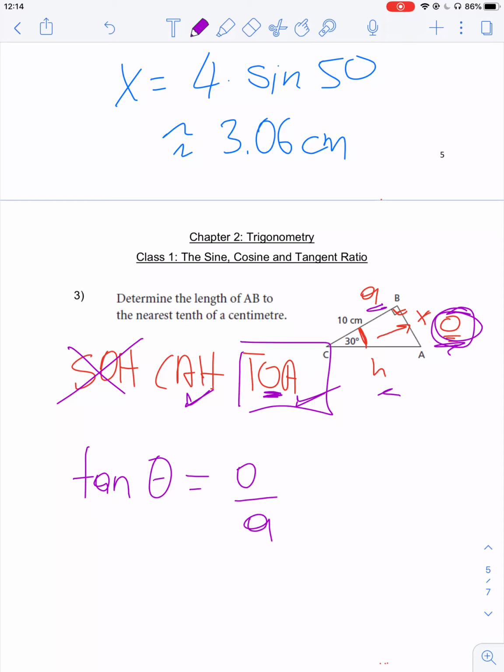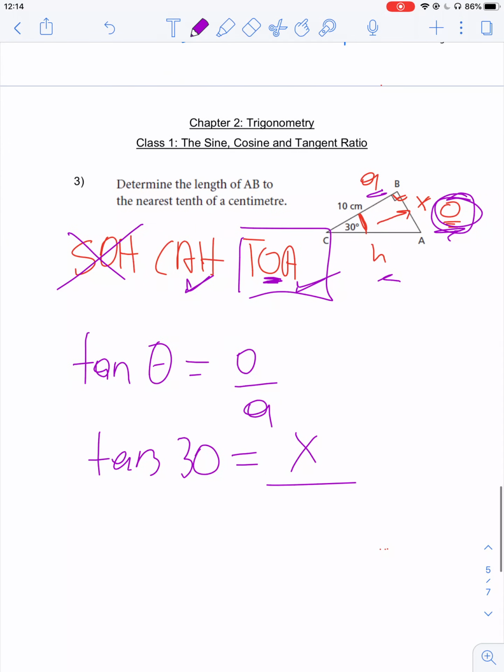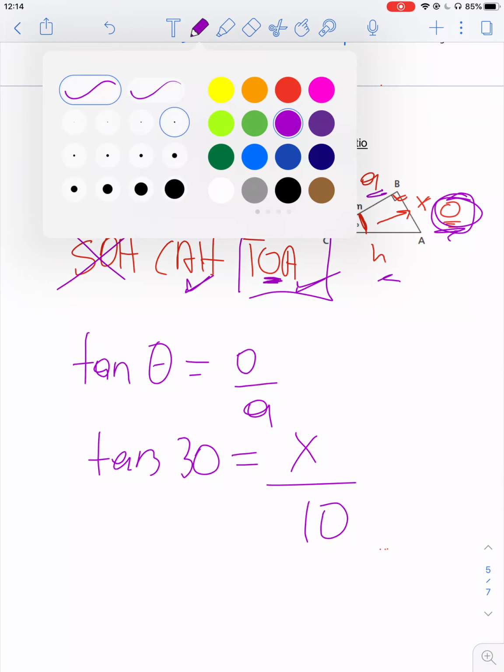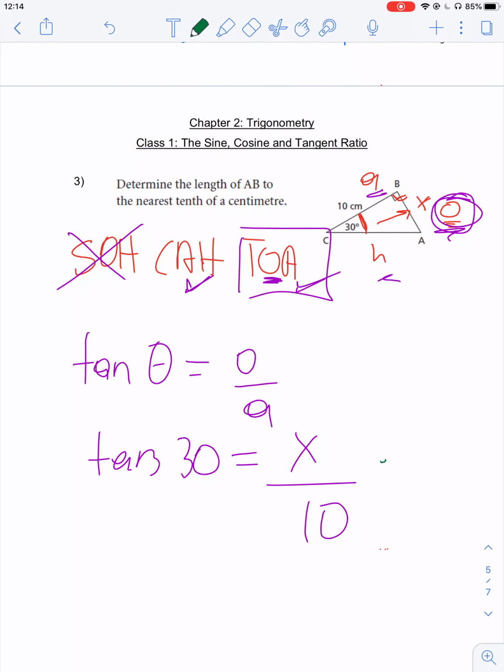Okay, so the angle is given to you, right? So tan of 30 is equal to the opposite side, which I don't know, so I can just put an x over here, and my adjacent side is actually 10. And then it's just a question of solving for x, right? So just multiply by 10 on both sides.